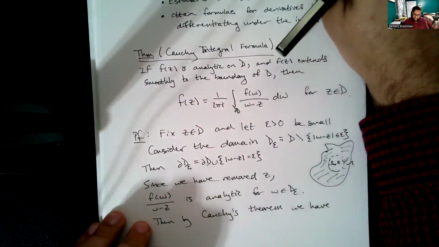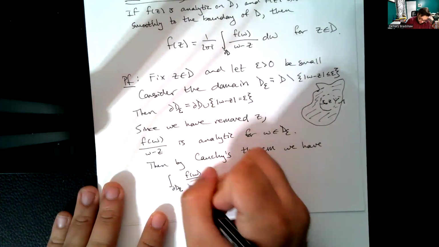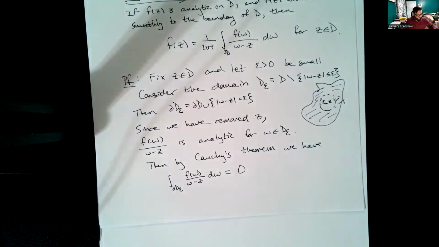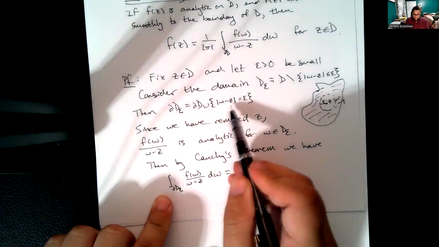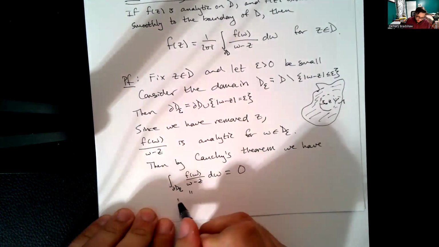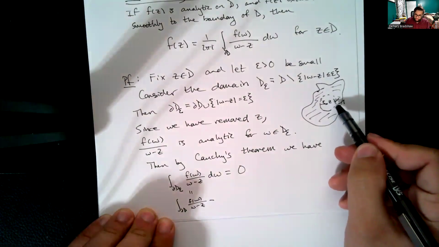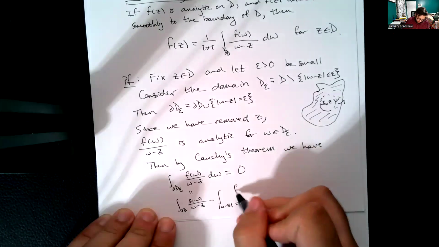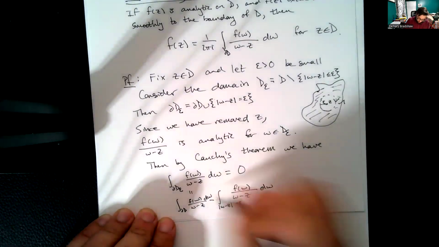So by Cauchy's theorem, what we have is the integral along the boundary of D epsilon must be equal to, sorry, not z, 0. Okay, but since this guy is the union of these two boundaries, we can write this as the integral along the boundary of D minus, because this guy's going in the wrong direction, this guy.